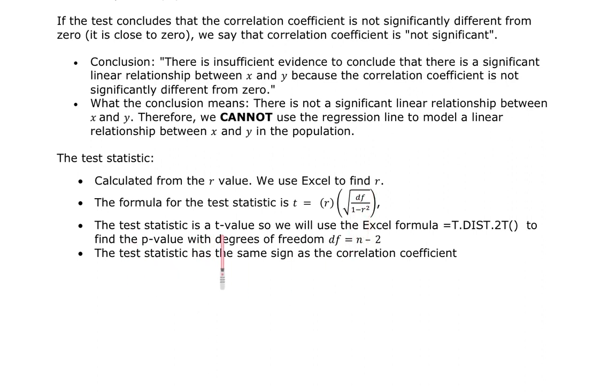We'll use the T.DIST.2T to find the p-value with the degrees of freedom being n minus 2. The test statistic has the same sign as the correlation coefficient. So if the correlation coefficient is negative, my test statistic will be negative. If my correlation coefficient is positive, my test statistic will be positive.